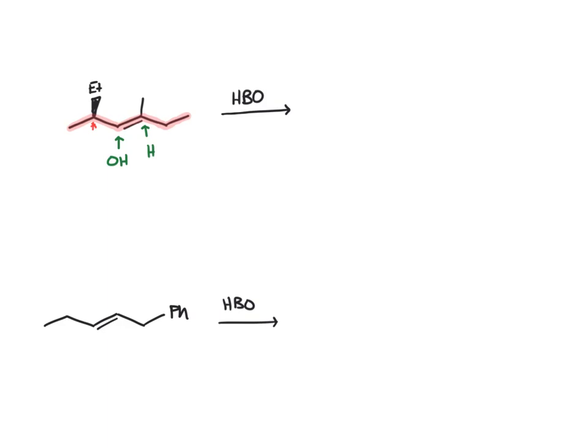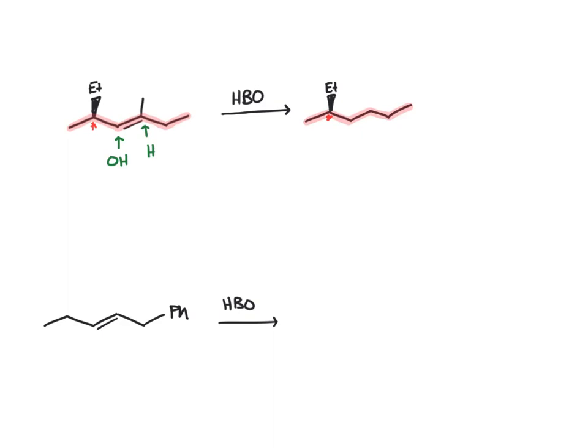So now when you draw the product, keep that main chain exactly how we had it. The double bond, of course, goes away. Also, that chiral center where we have the ethyl group, don't touch it. We're not doing a reaction there. Leave that alone.